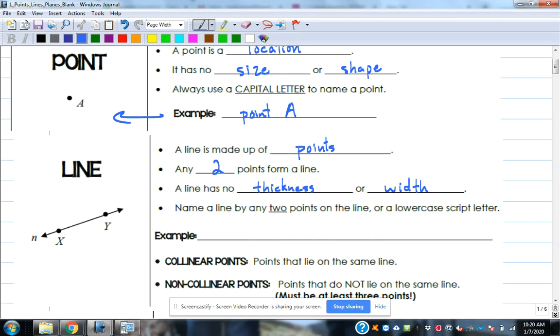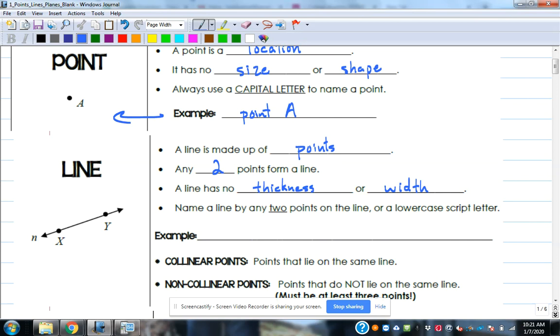So when we name a line, we can name it by picking 2 of the points that are on the line. And for our example here, we've got X and Y that are labeled there as 2 points on that line. We can name it by using those 2 letters for those points, or with a lowercase script letter, which will look like just an italicized letter beside the pictures that you'll see here.